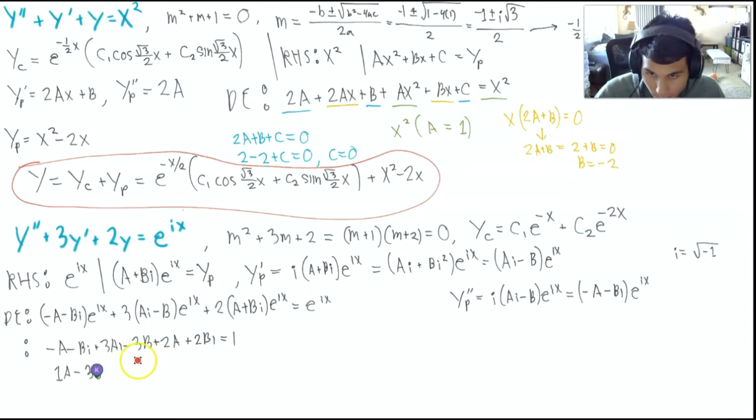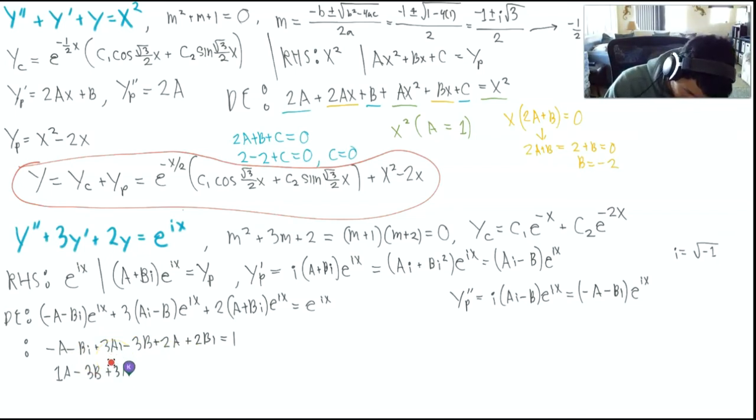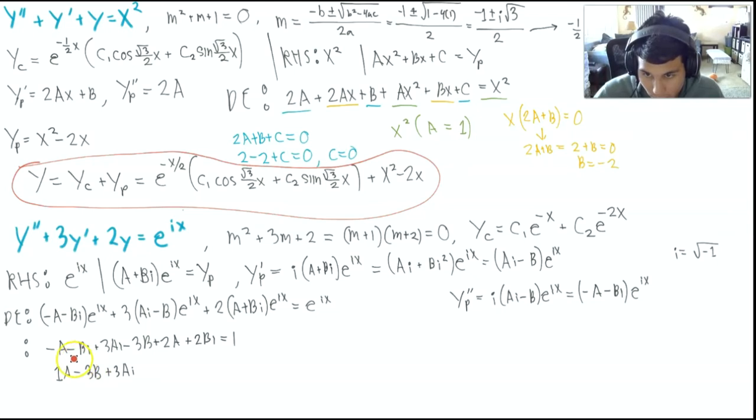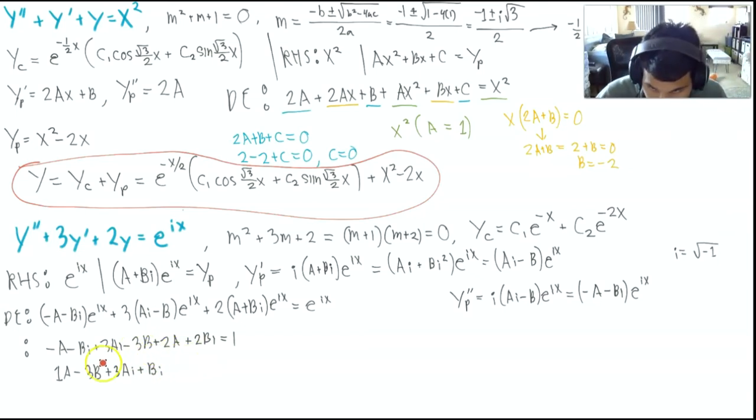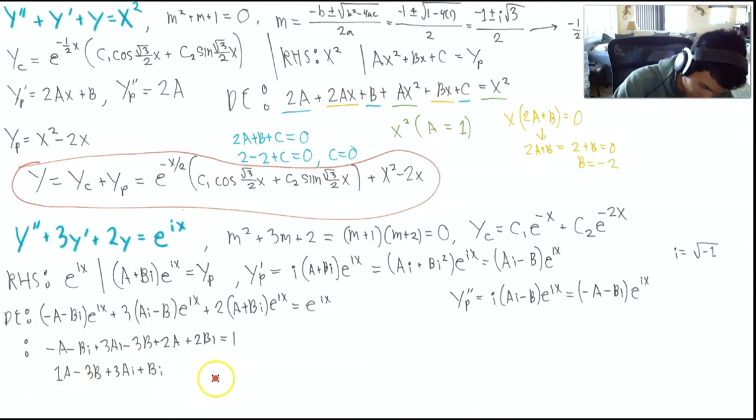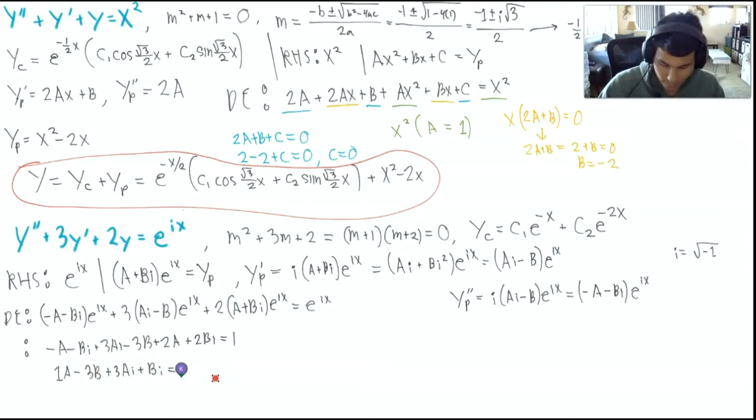Okay, now let's think about our a's times i's. We only have plus 3ai. Okay, what about our bi's here? We got negative 1 here, and we got 2 over here. So this would be plus bi. So this is now condensed into this, and is equal to 1.